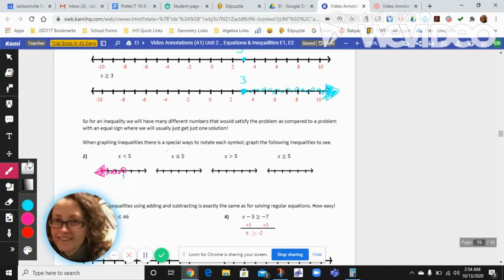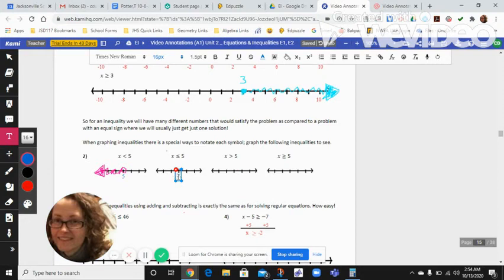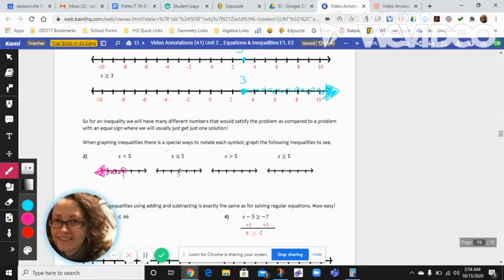That would be different than having less than or equal to 5. I'm still going to have my critical number at 5, but this time I'm going to have a filled in circle at 5 because I do want to have my solutions include that 5.